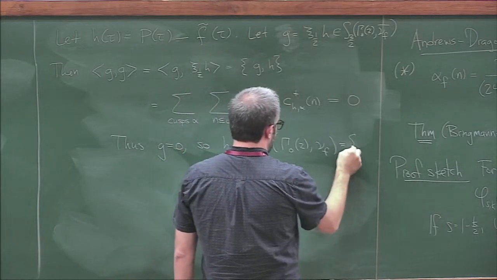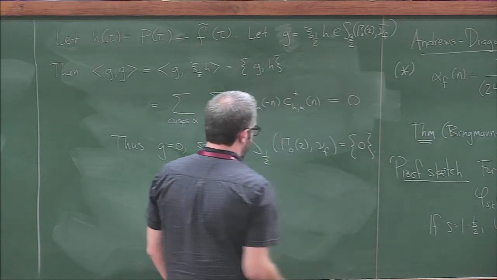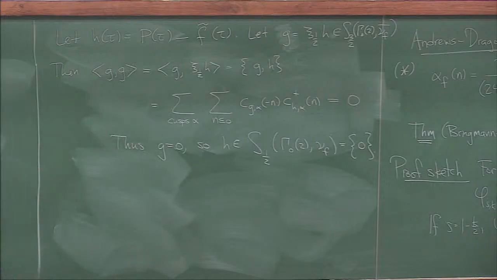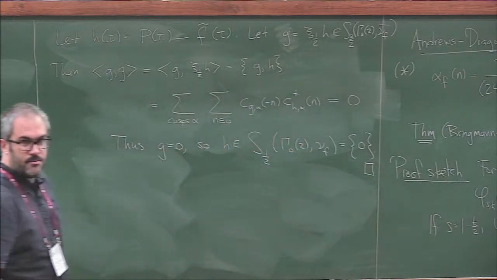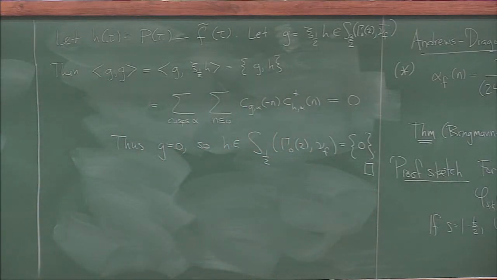And you can show that this space of cusp forms is just 0. There aren't any things in there. So that proves the theorem modulo all of the hard details. Okay? Okay, any questions about that? It's a good place to pause.